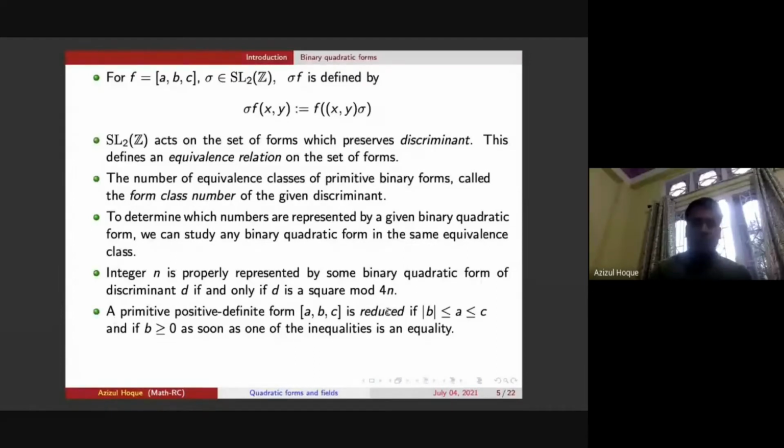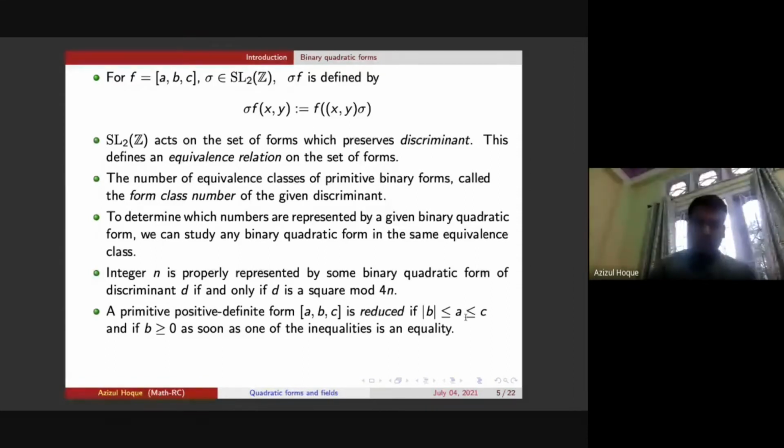What is that? If it is positive definite, then that form will be a reduced form if modulus of B is less than or equal to A, which is less than or equal to C. And in case B is negative, one of these inequalities becomes an equality.